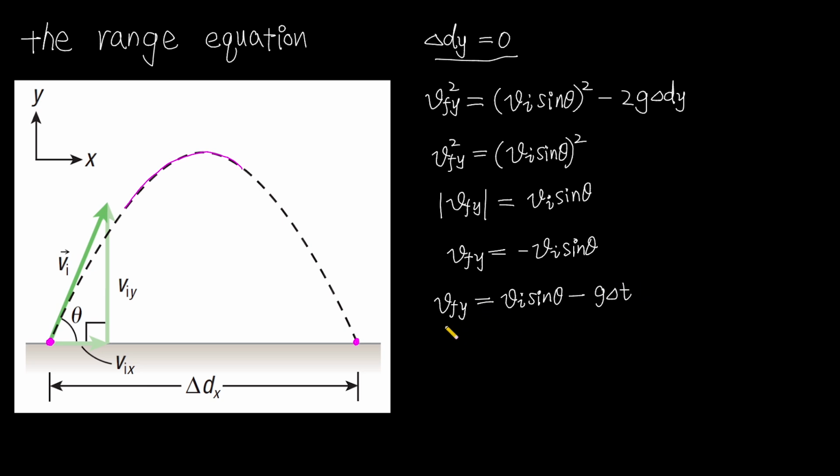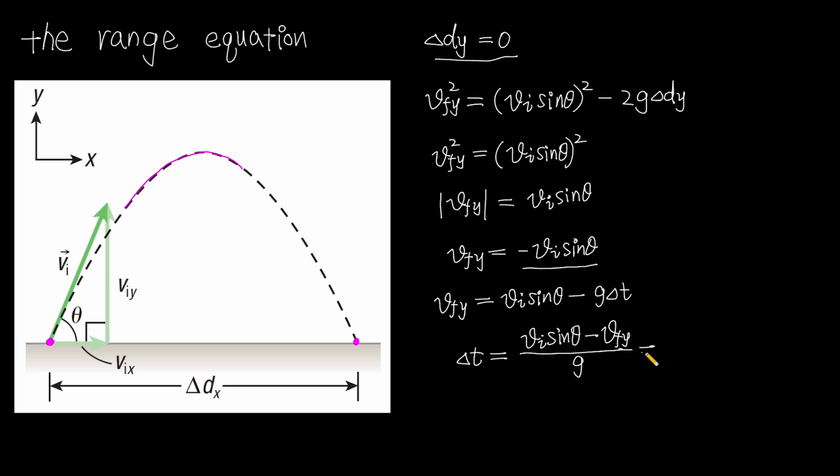So from this formula, we can get the time interval delta t equals the initial velocity multiply sine theta minus the final vertical velocity, over the acceleration g. And we know the final vertical velocity is the negative initial velocity multiply sine theta.